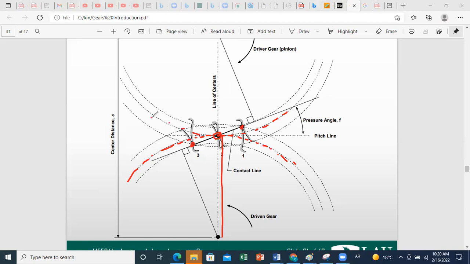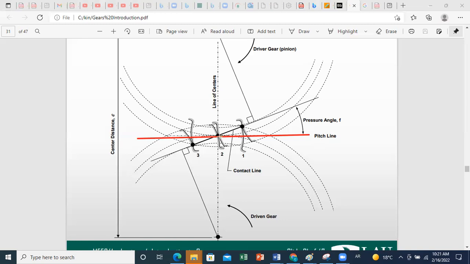Now from here, we can define another parameter, which is called the base radius. What do we mean by the base radius? We have already seen that we can define a pressure angle. The pressure angle is the angle between the tangent line to the pitch circle, which is called the pitch line, and the normal line to contact between the teeth at the point lying on the line of centers.